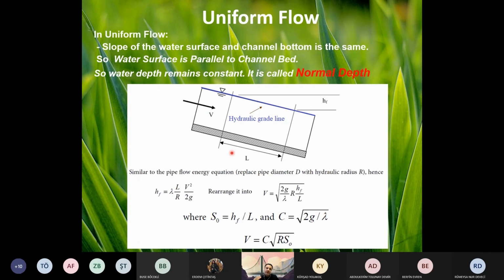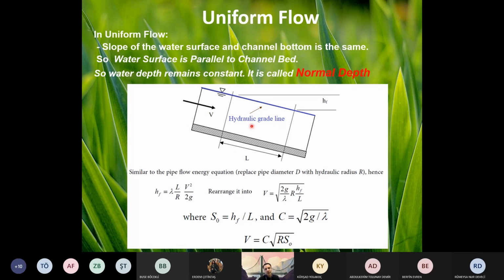So when during this course I said this is normal depth, what does it mean? Normal depth is the depth of flow in uniform condition. When we have uniform flow, the flow depth remains constant along the entire length of the channel. It is called normal depth.